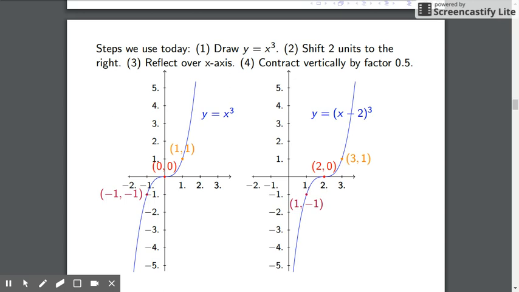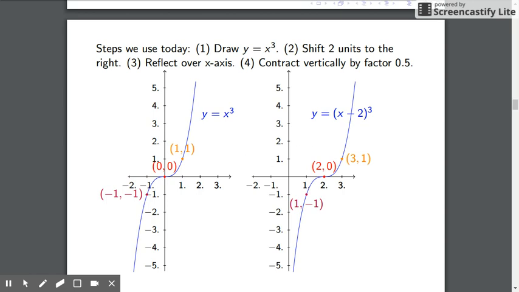I graphed it, and I put in the x-intercept, which is (0, 0), and a couple of extra points. Those extra points actually help you see how everything is changing as you use transformations to get new functions.